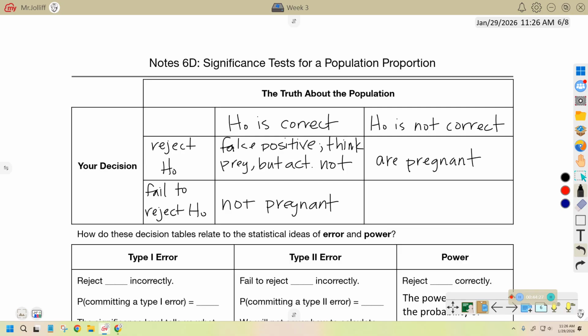I rejected the null, so I think I'm pregnant, but in actuality, the null is correct and I'm not pregnant. That is a false positive. The test said I am, but I'm actually not. Remember that H0 is the assumption I'm not pregnant. In reality, this is am pregnant. This is a positive test result. This is a negative test result.